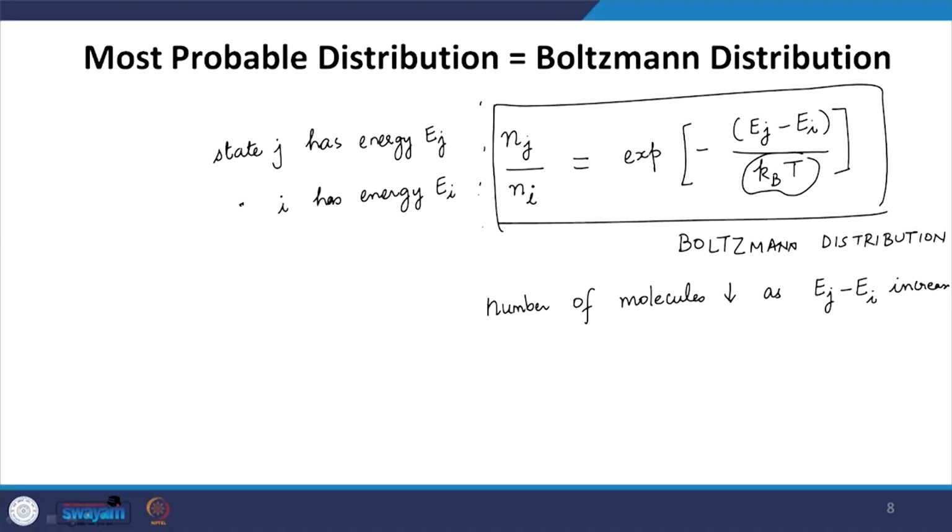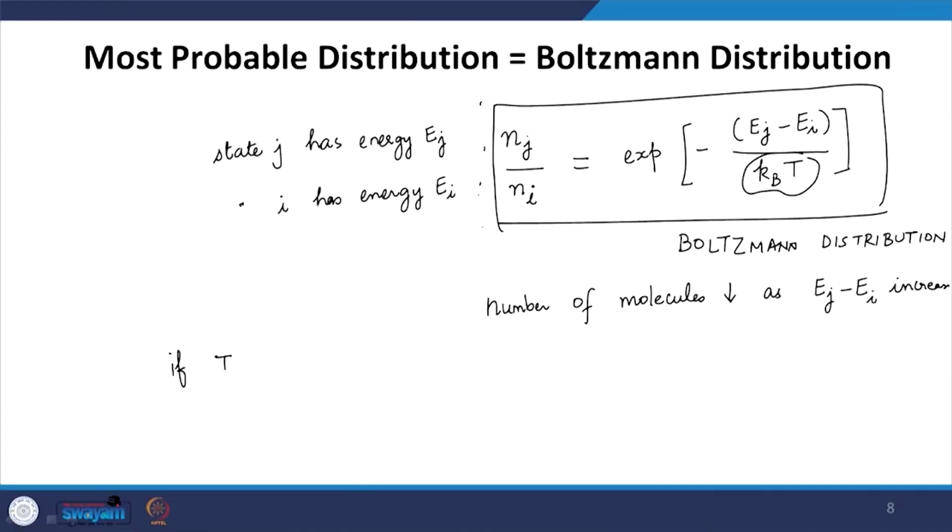On the other hand, if I go to lower temperatures, the reverse happens. If I go to a very small value of T, the denominator decreases. So, any small energy change Ej minus Ei is magnified more, and therefore, higher energy states become lesser and lesser probable. And you can already find the limiting behavior in here.